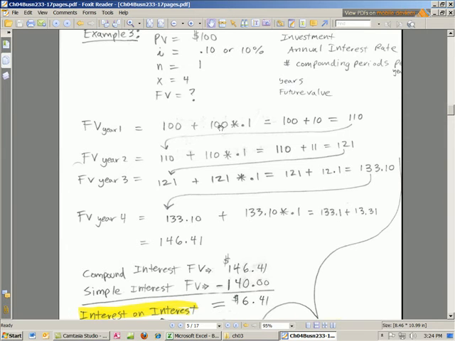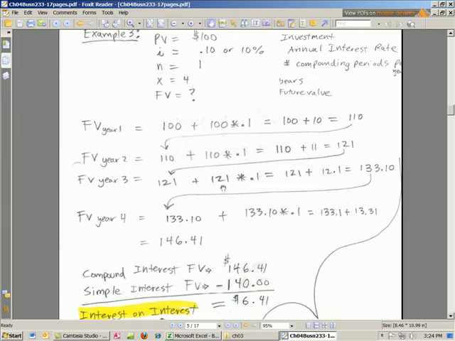Notice it's $100 times 0.1. That gives you your 100 plus 10, that's 110. But the second year, they're going to be totally awesome. They're going to say, we'll use the 110 instead of just the original 100. So it'll be the amount in your account plus new interest. And you can see now we get $11, which is just a little bit more. That gives us 121.